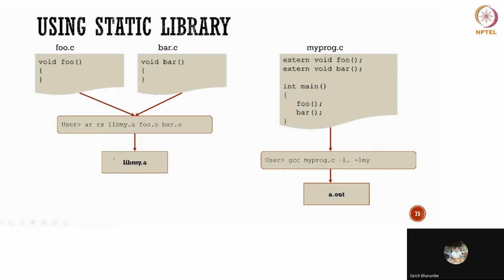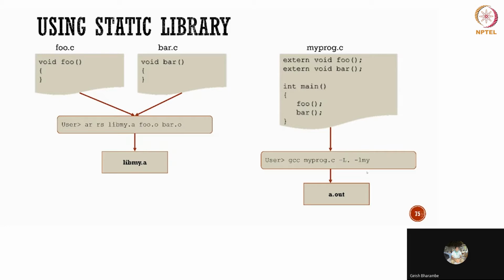You're supposed to name your static libraries this way so that you can use them with the -l option. It will essentially produce a.out. So what happened is, instead of giving gcc myprog.o, foo.o, bar.o, and so on, we collected all of them together into a single archive, so it makes it easier to use.